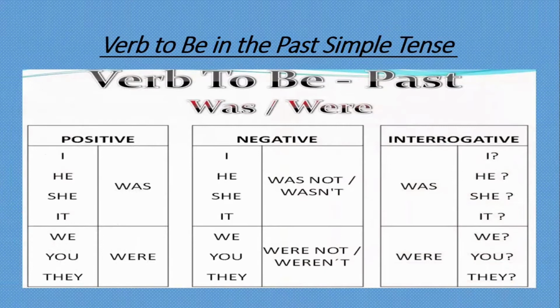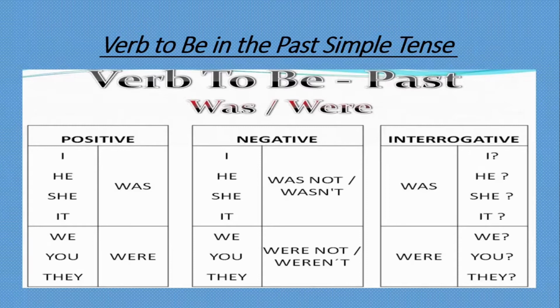If I wanted to change into negative, even if it is the main verb of the sentence, was changes to wasn't, were to weren't. So I can say I wasn't, he was not or he wasn't, we were not or we weren't, you were not or you weren't.